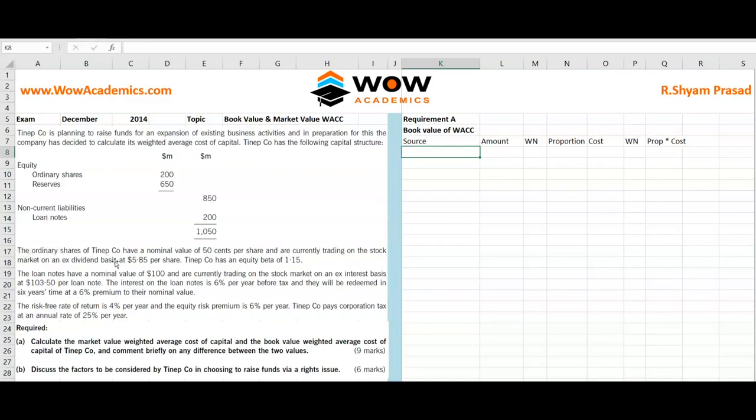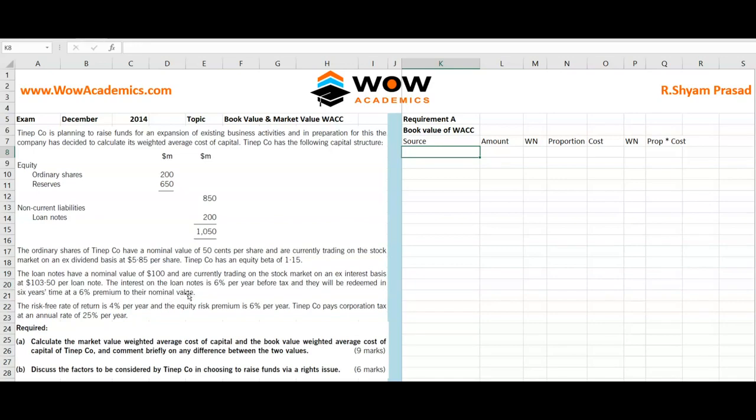The ordinary shares of TCO have a nominal value of 50 cents per share and are currently trading on the stock market on an ex-dividend basis at 5.85 per share. TCO has an equity beta of 1.15. The loan notes have a nominal value of 100 and are currently trading on the stock market on an ex-interest basis at 103.5.